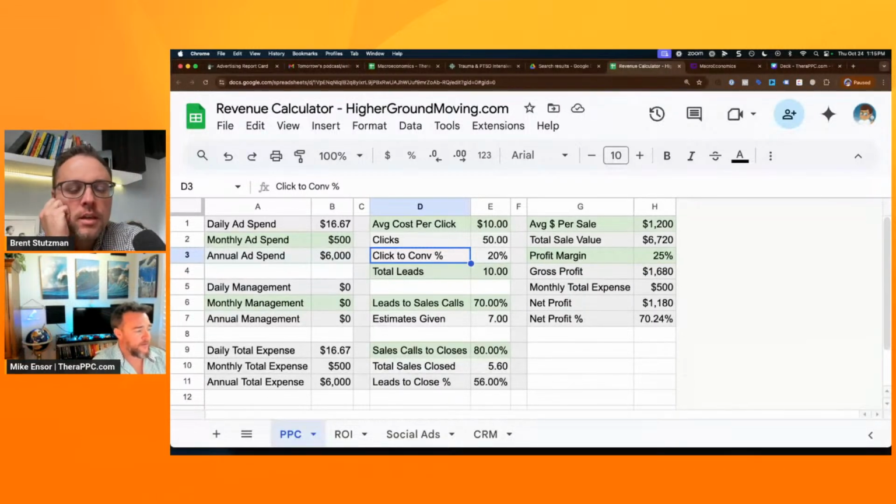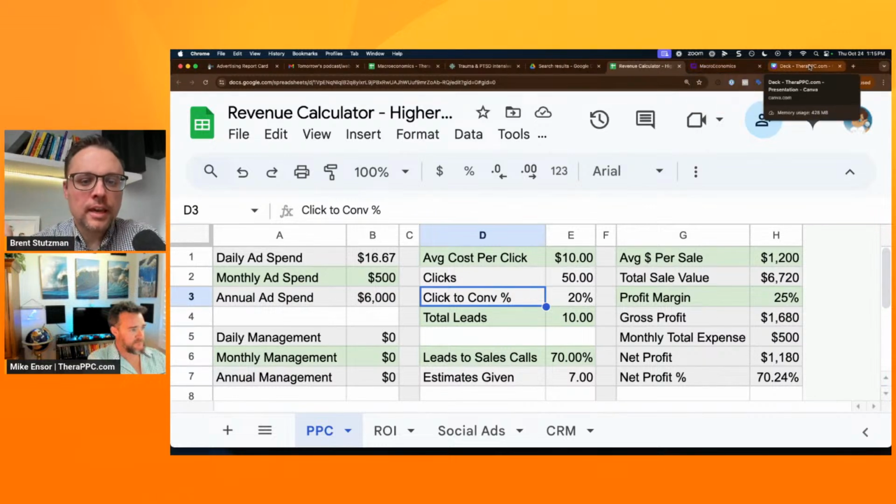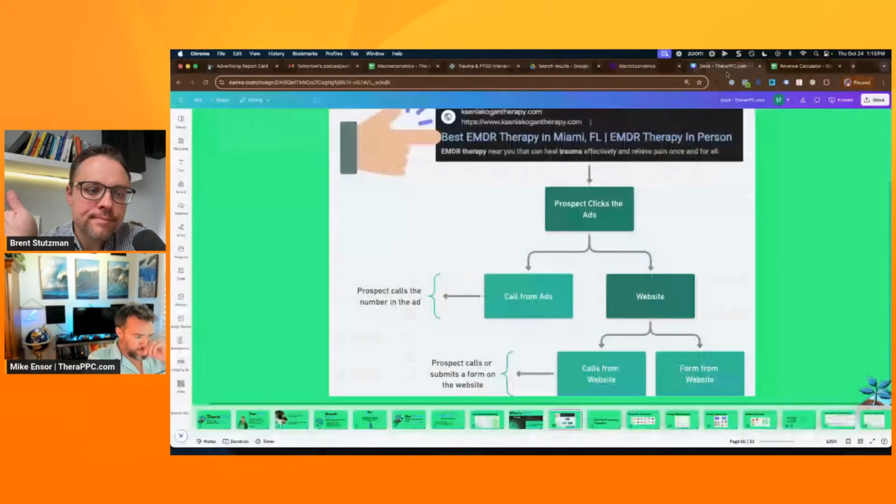So I think, if they're thinking about, all right, I'm doing Google Ads, the two things they can control really are the monthly ad spend, and then your average cost per click. So that is really where you want to focus. Most therapists, the ones that I've managed in the past, medium size, let's say 5 to 10 therapists at a time, might be spending probably $1,000 a month or less.